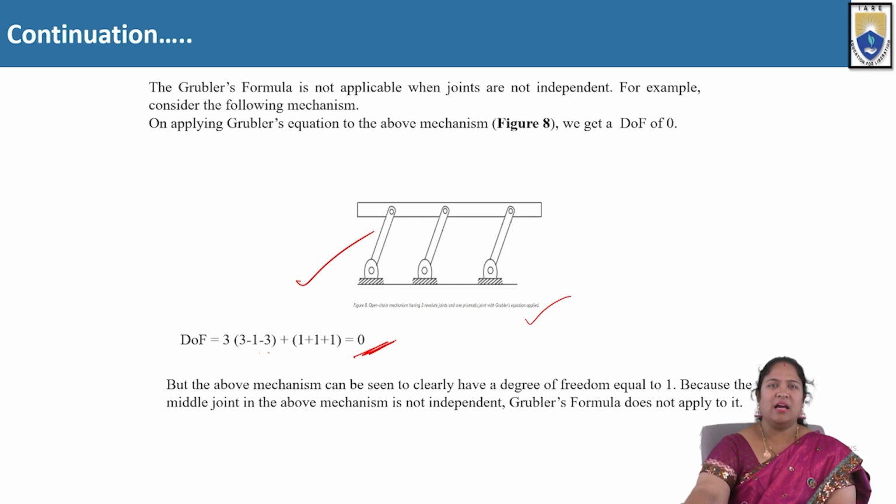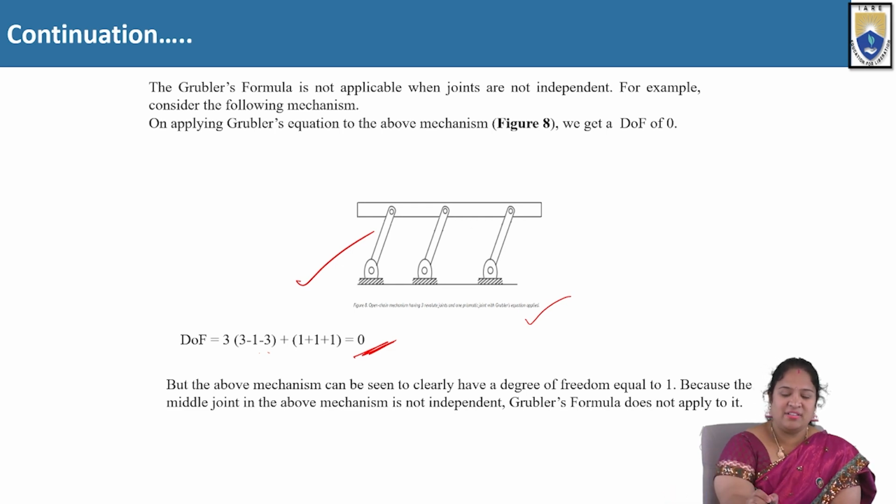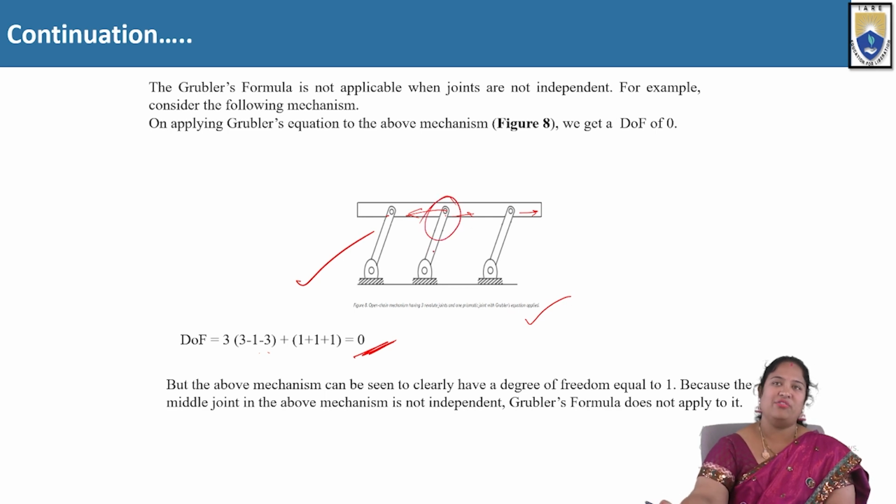But the above mechanism can be seen to clearly have a degree of freedom equal to 1. But the middle joint in the above mechanism is not independent. Right? When this is moving, automatically this should move, and when this is moving, automatically this should move. So this is not independent on its own. If the joints are independent, then only will the Grubler formula be applicable.